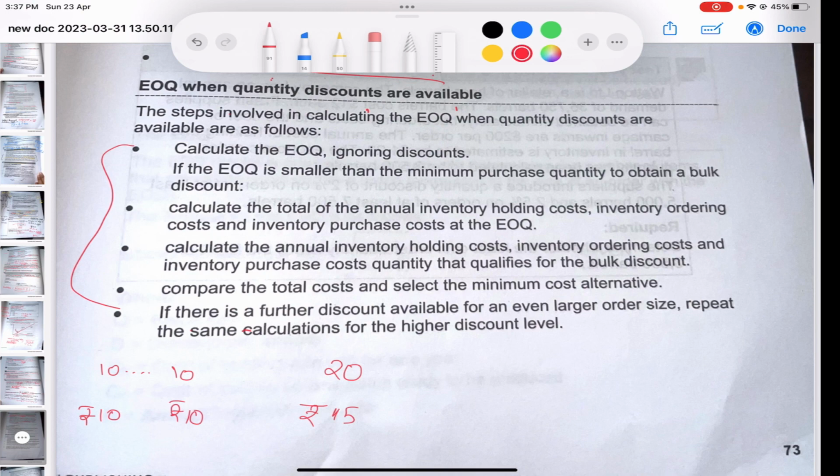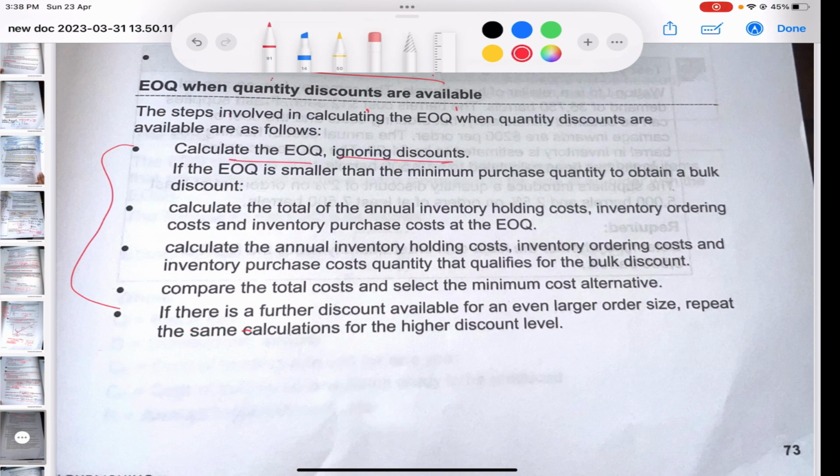But if I buy a large quantity at one time, I'm getting 15. So here, this would be rupees 20, here it is 15. So in a way, I'm getting a 5 rupee discount. So now we are going to discuss how we weigh the differences, and how we evaluate whether or not we need to take the discounts.